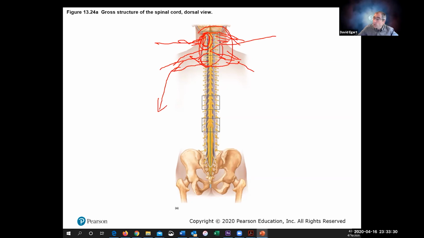So that's why there's more of an enlargement at the cervical region here, because there's a whole bunch of action. Once you get down to the thoracic region of the spinal cord, it's just kind of serving your body in strips. But then when you get to the lumbar and sacral region, it starts getting heavy again, because that's where you have the lumbar and sacral plexuses leading to all those other nerves.